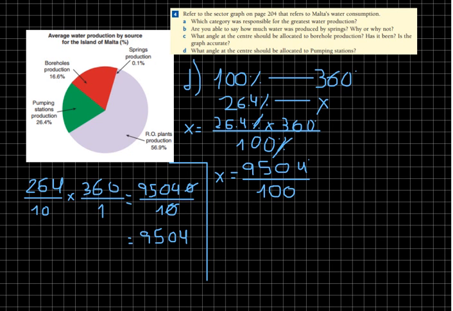Since every fraction is also a division, I have to divide, but I'm dividing by a 1 followed by 2 zeros. That means that I have to move the point 2 places, 1 and 2, and that will be 95.04 degrees. Okay, is that the angle that the pumping station has? We have to prove it.